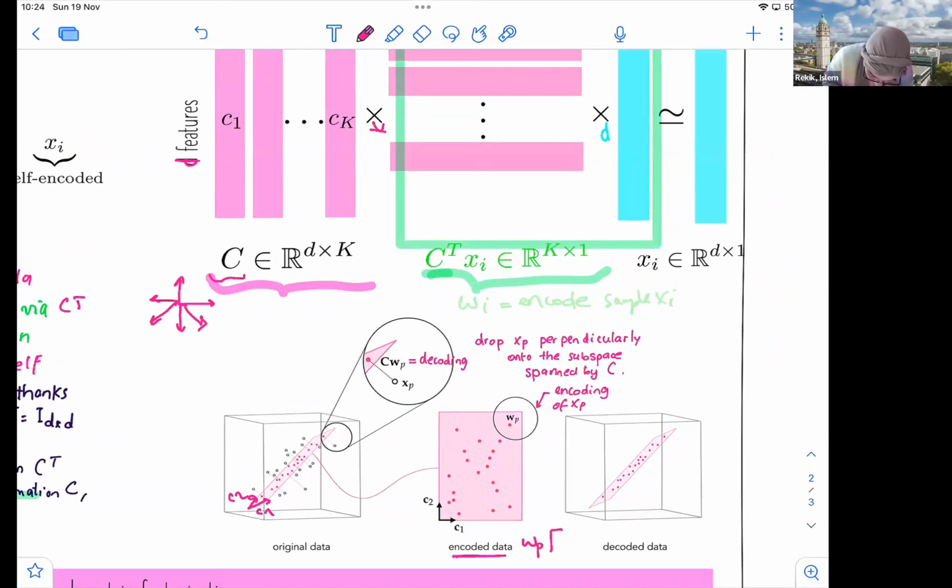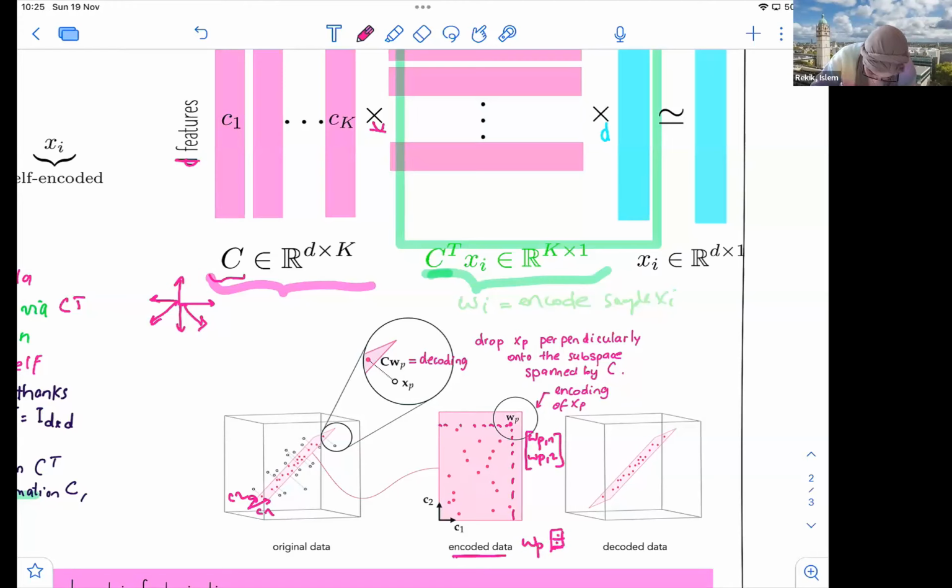So here's the WP, the encoding. Here we have only one value of XP, actually two values because two coordinates. These are the new coordinates, WP1, WP2. P is a point, and we have encoded XP.